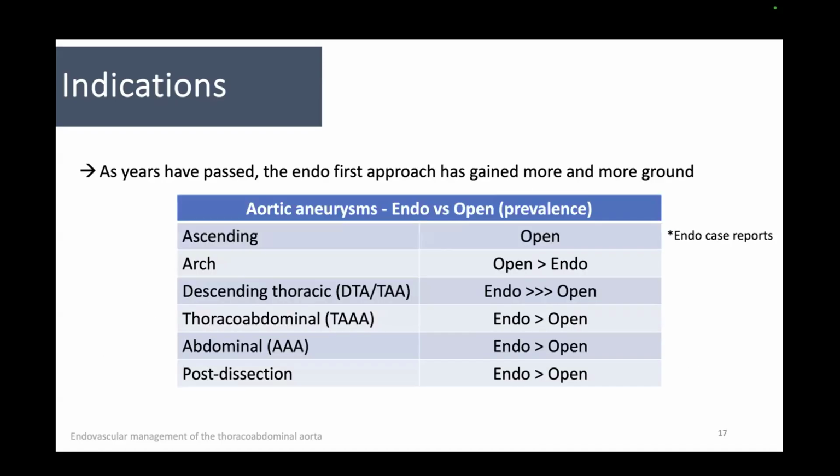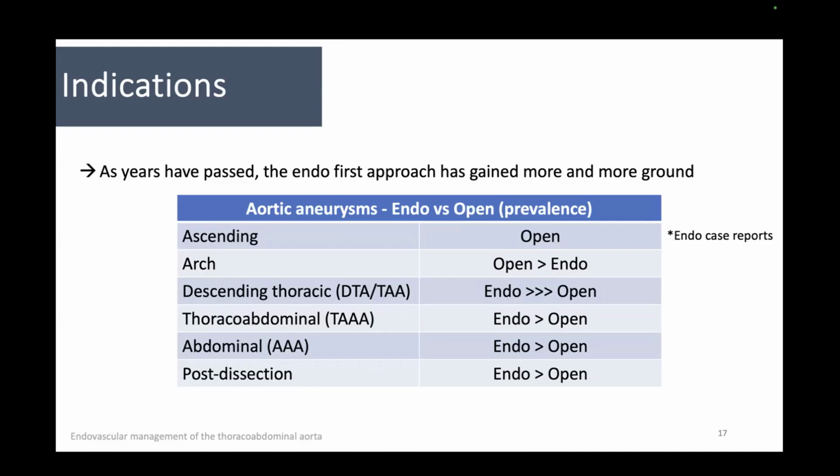As years have passed, the endo-first approach has gained more and more ground. What I mean by that is we used to only think endo could be for specific cases that were not candidates for open, and now endo seems to be applicable to different anatomical areas. On the ascending, open surgery remains almost exclusive for this segment, but now there are the first endo case reports, as I said, for the endo-Bentall and all these new technologies that are going to come in the next few years.